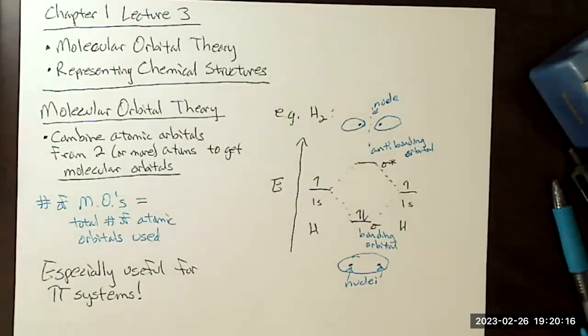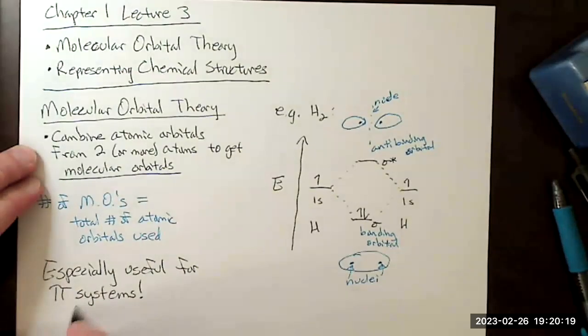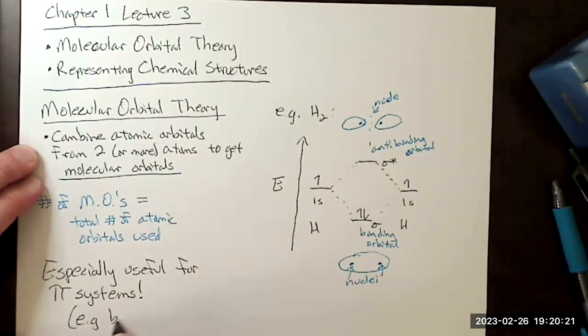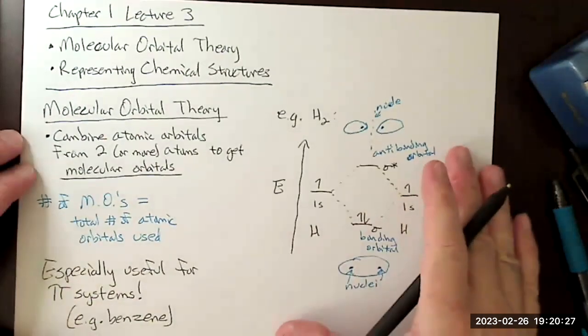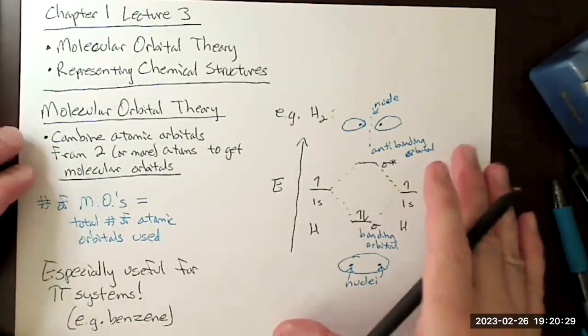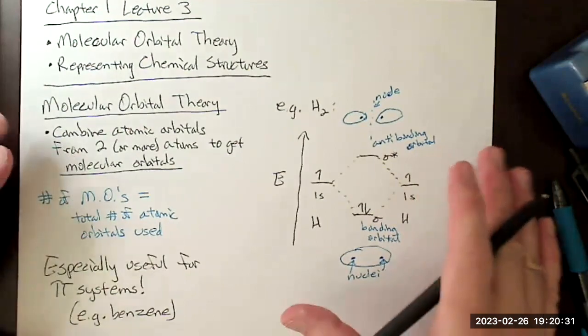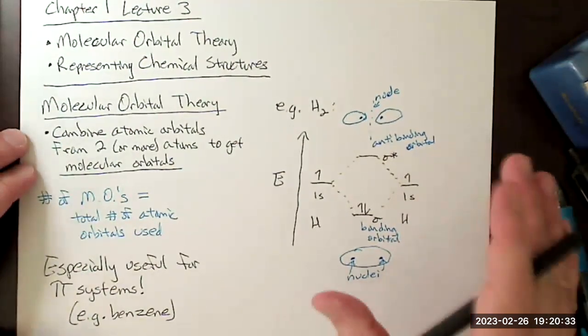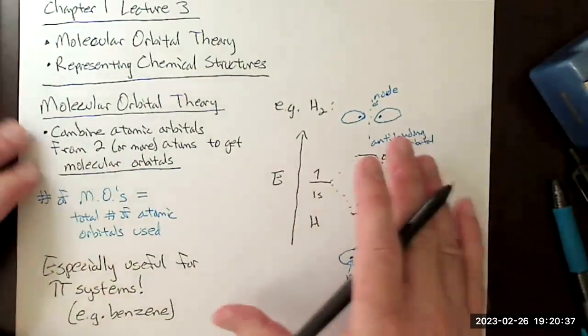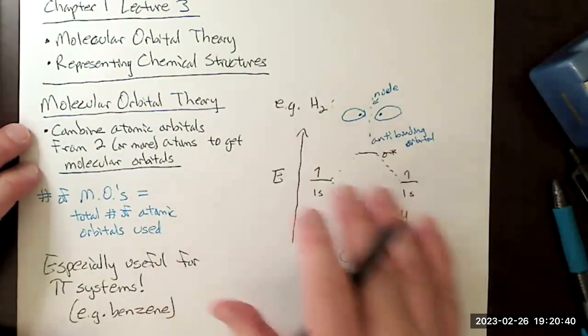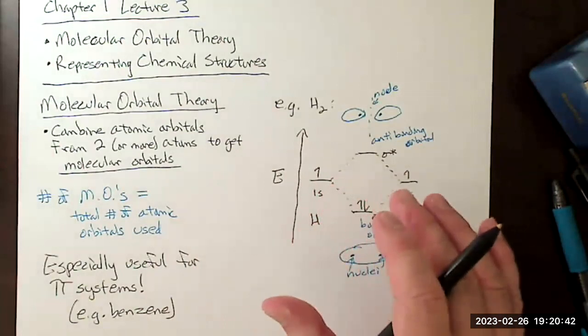They're spread out, like in benzene. So valence bond theory and hybrid atomic orbitals are good for looking at sigma systems, and molecular orbital theory is better for pi systems, especially when we've got delocalized electrons.